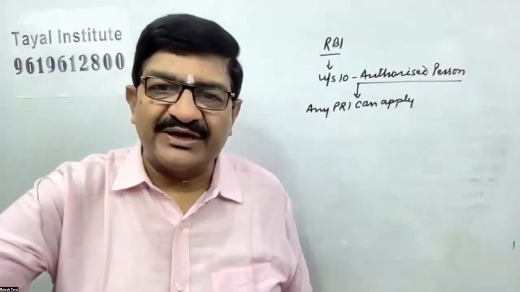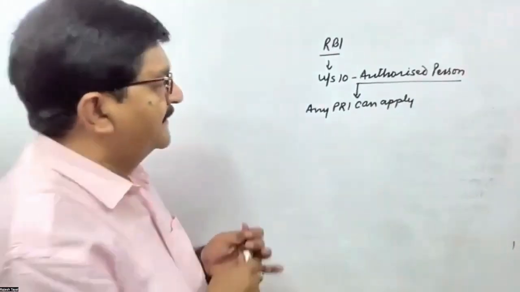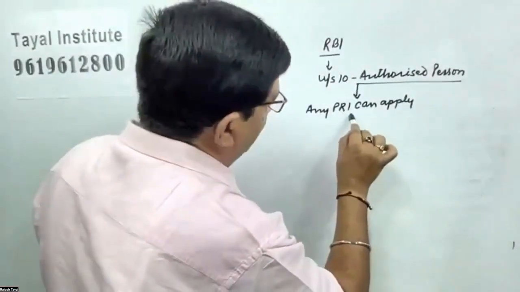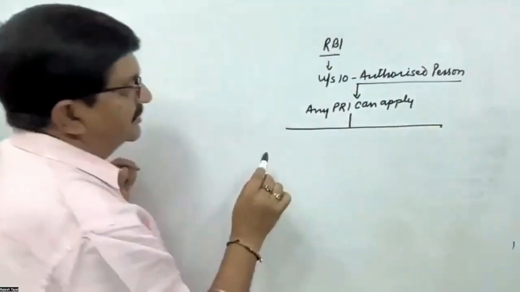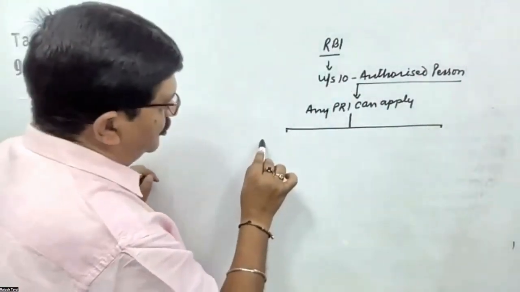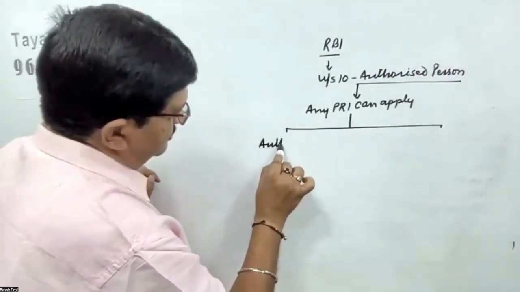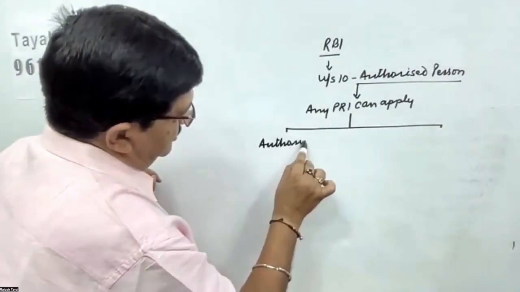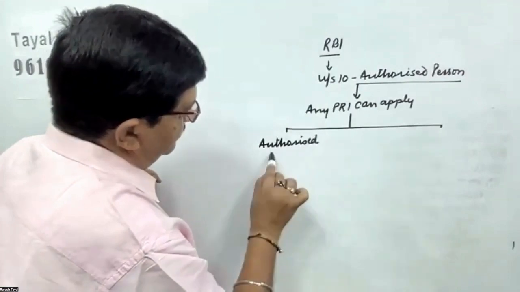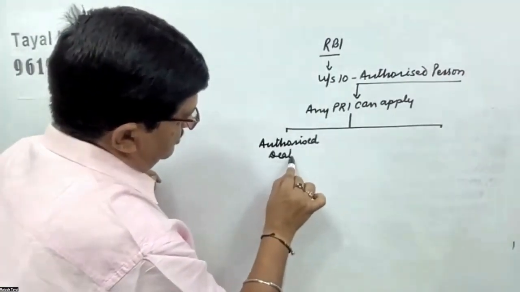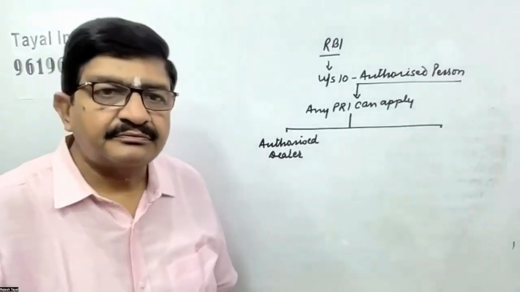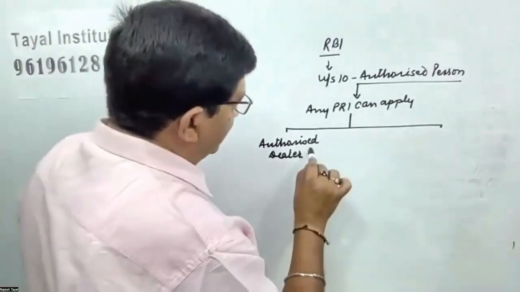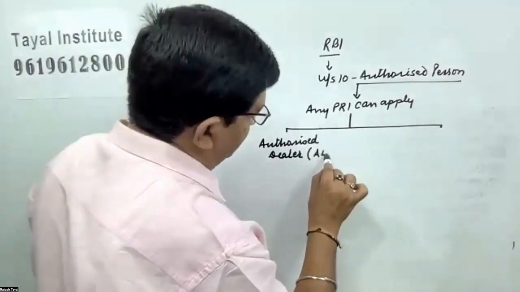Now, this authorized person is broadly of two categories. One is called authorized dealer. You will find the reference AD.